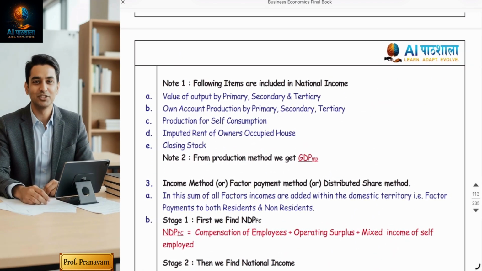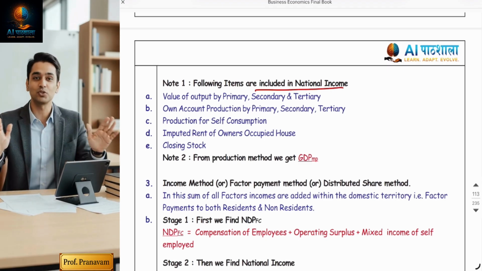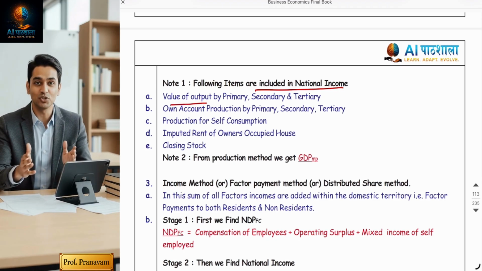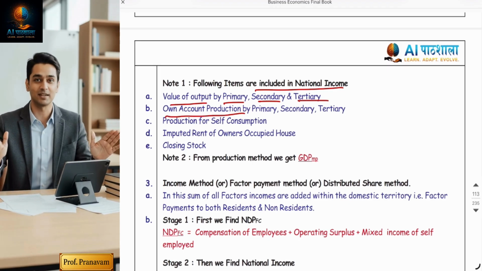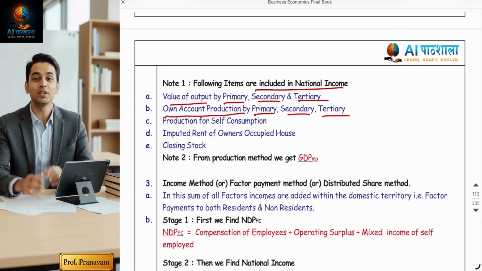But some points you have to keep in mind while using the production method. The following items are included in the national income. Value of output by the primary, secondary, and tertiary sectors. Value of output means final goods, which is already mentioned in the formula. Own account production by the primary, secondary, and tertiary sectors should be added.